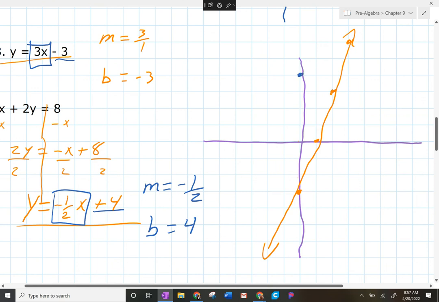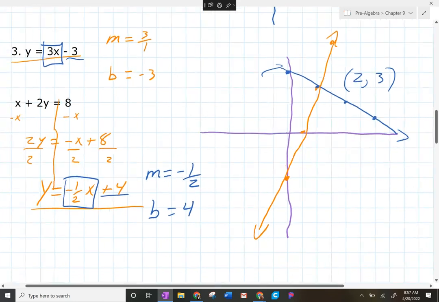My slope was negative 1 over 2, so down 1 over 2, down 1 over 2, down 1 over 2. That one looks kind of like that. I find the spot where they both cross, and my ordered pair should be 2, 3.